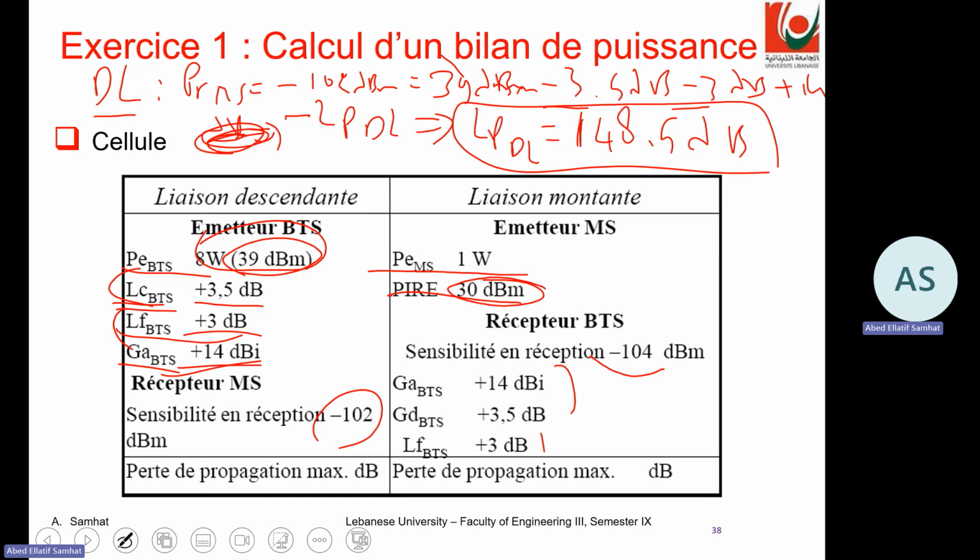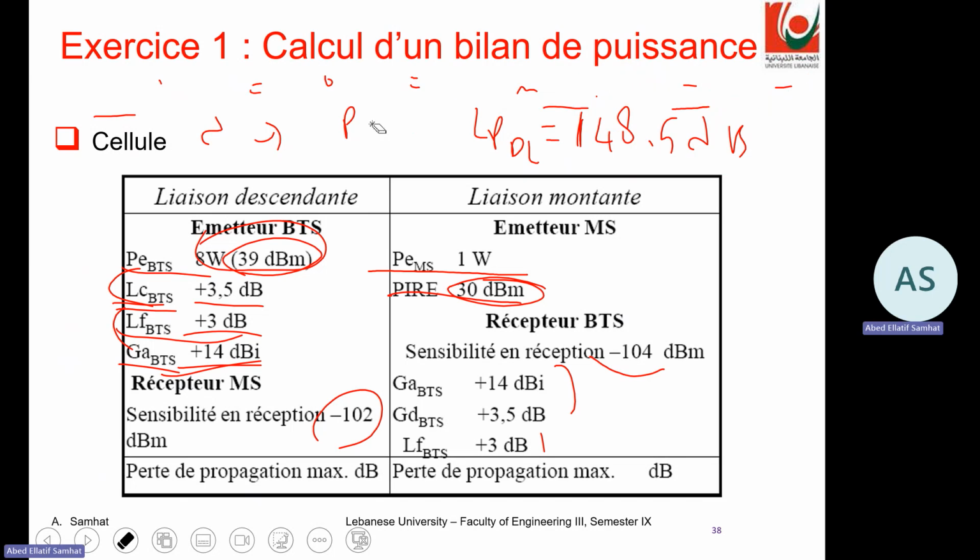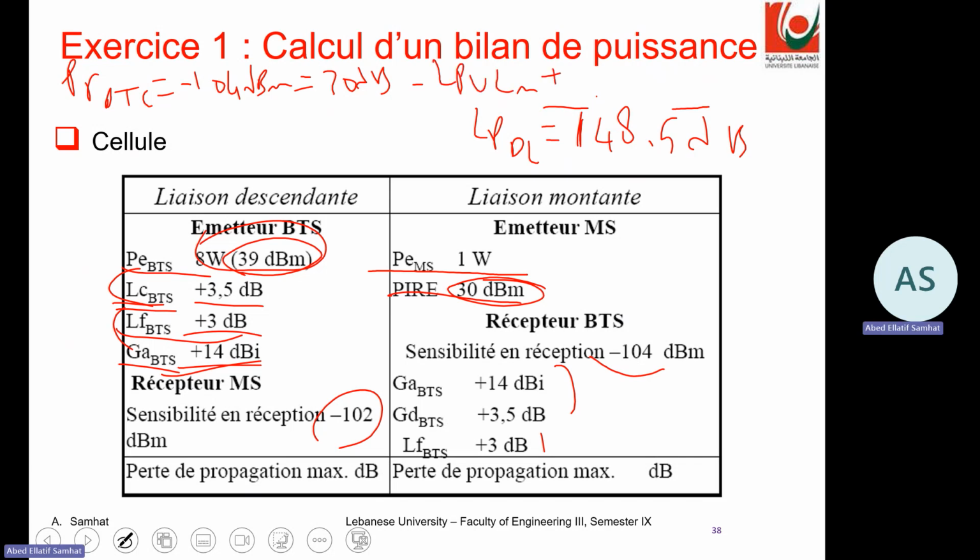So the sensitivity at the base station, the PR at the BTS, which is minus 104 dBm, is equal to the transmitted 30 dBm minus the path loss uplink, plus the antenna gain of 14, plus the diversity gain of 3.5, minus 3.